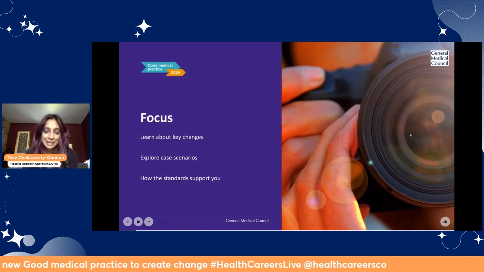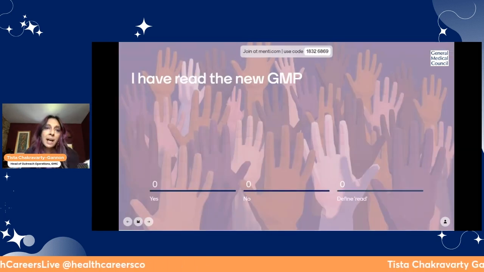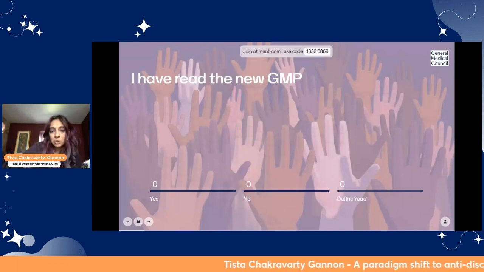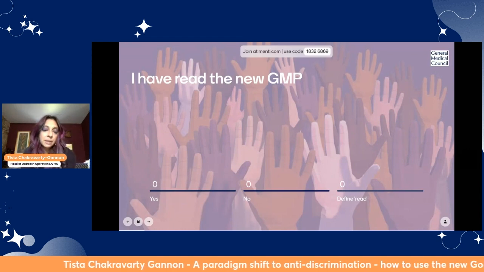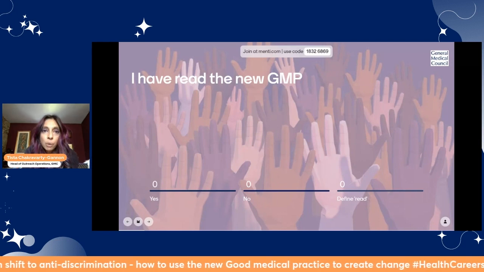So just to test that, if I could ask you to grab your mobiles and log on, go on to menti.com, just type in menti.com, and you'll get a screen that allows you to enter that code at the top of the slide.